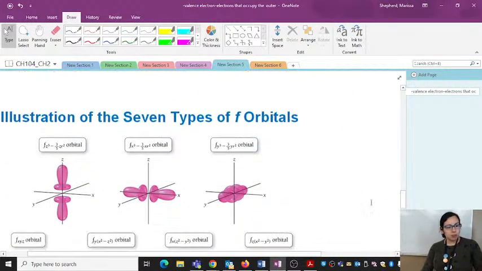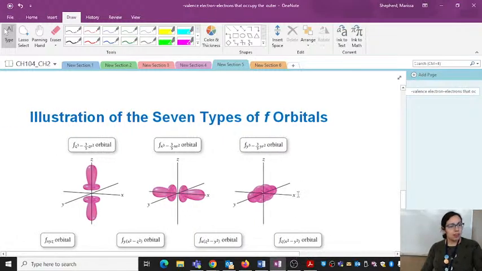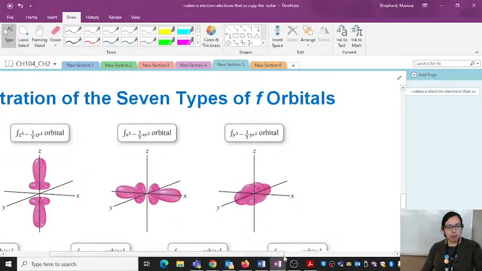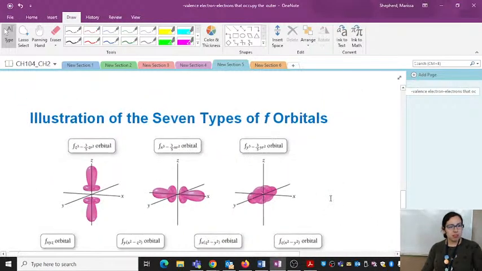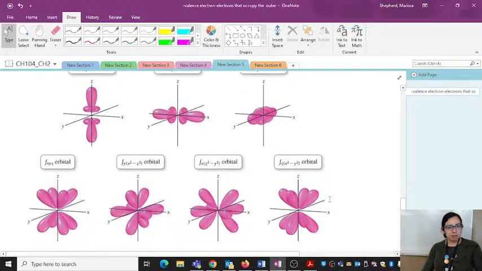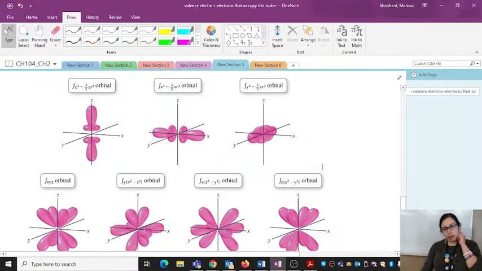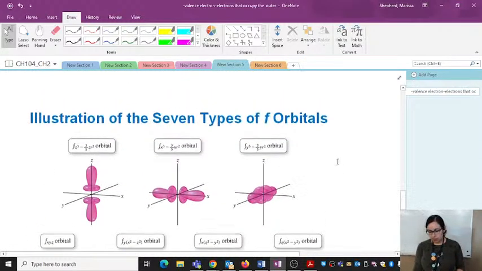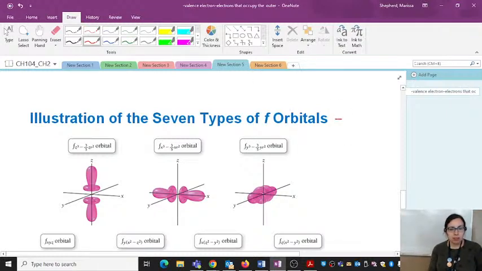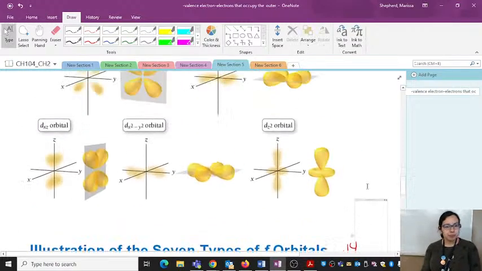But let's look at, so what is an f orbital? These f orbitals have these funky shapes. There are 7 of them. Each one of these holds 2 electrons. So that means there's going to be 14 total electrons in our f orbitals.